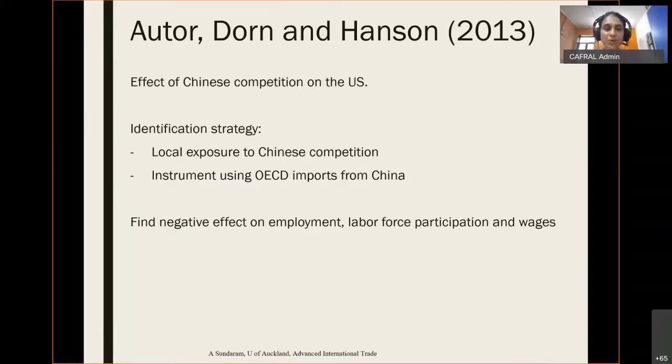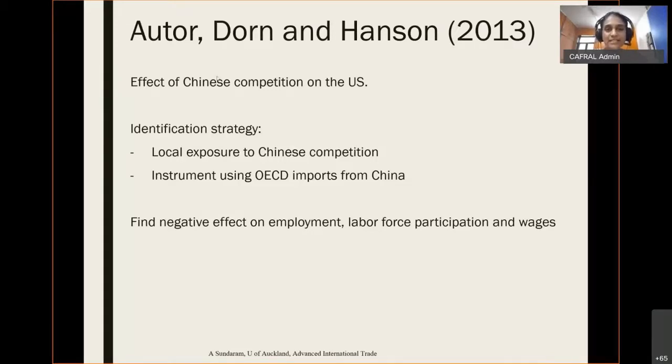By the China shock, what they mean is this increase in Chinese import competition that the US saw after China's accession to the WTO. China acceded to the WTO in 2002, and after that, it massively increased exports to pretty much every other country in the world. And we're still reeling from the impact of China's WTO accession, right?